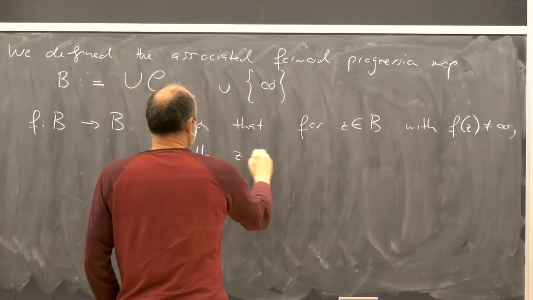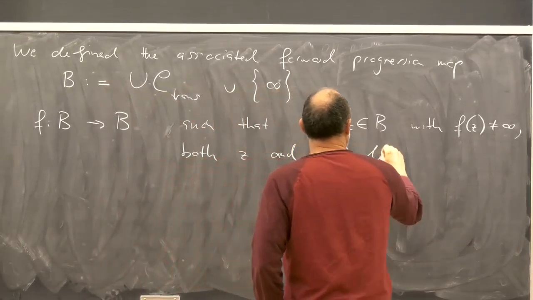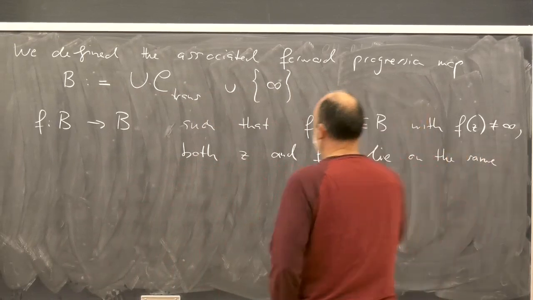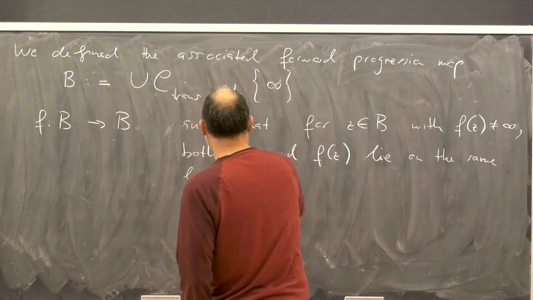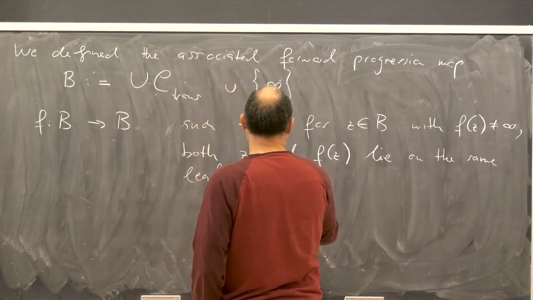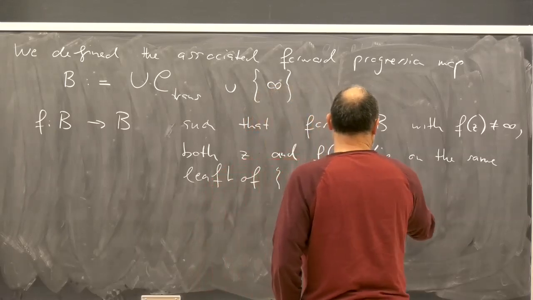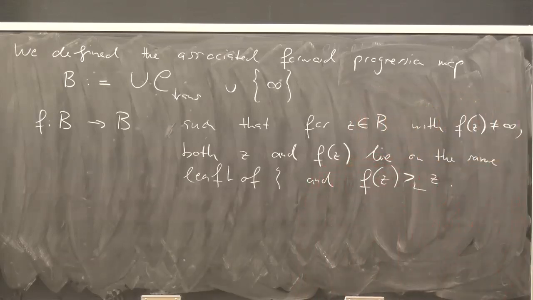Both Z and F of Z lie on the same leaf L of Xi, and F of Z becomes after Z.